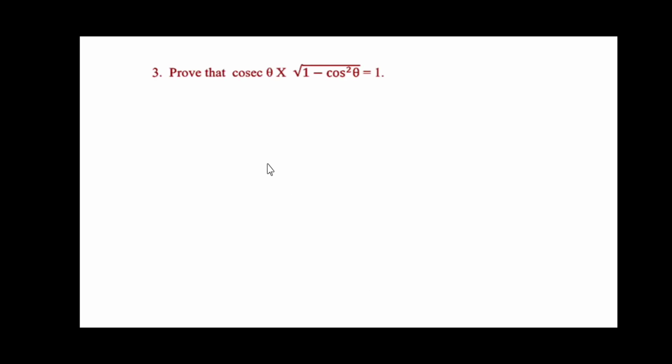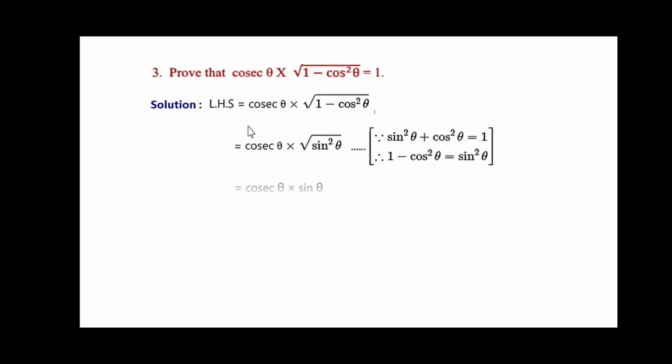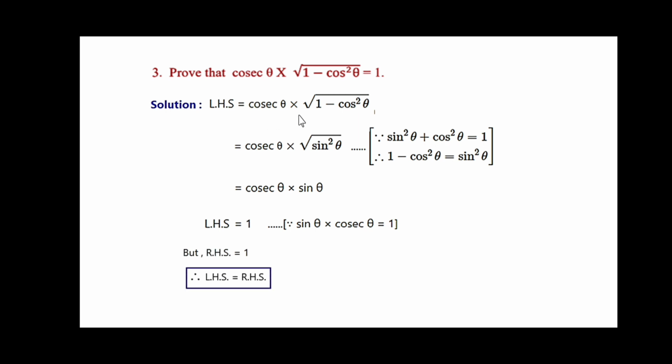Next, problem number 3. Prove that cosec theta into under root of 1 minus cos square theta is 1. Friends, here we must know some identities. First, LHS is equal to cosec theta into under root 1 minus cos square theta. We know the formula that sin square theta plus cos square theta is 1. Therefore 1 minus cos square theta is sin square theta.